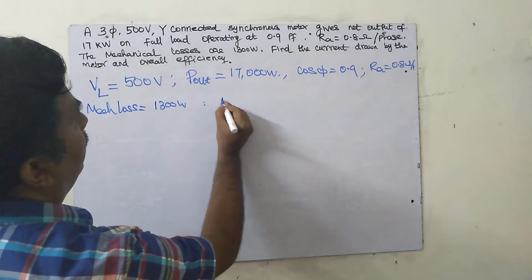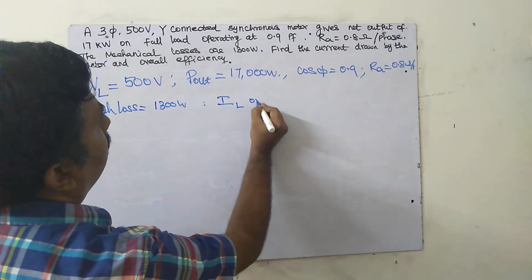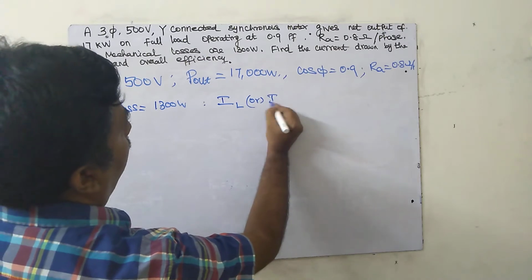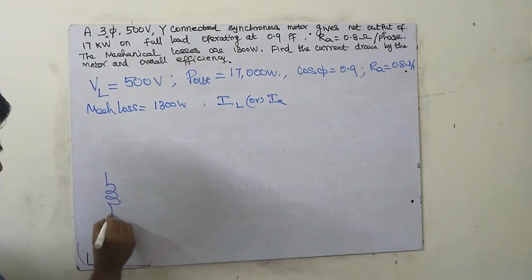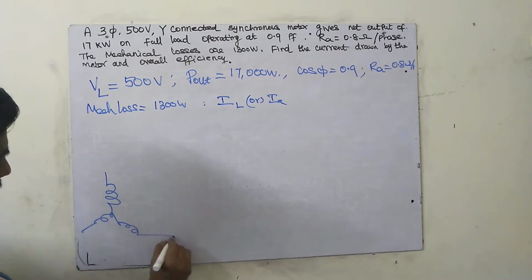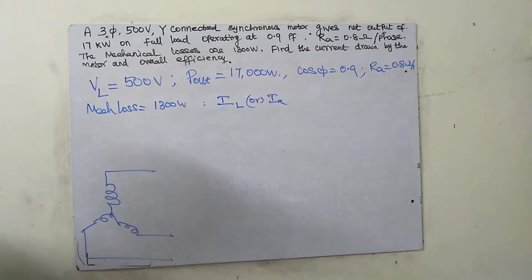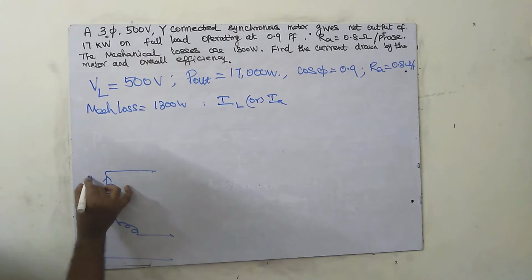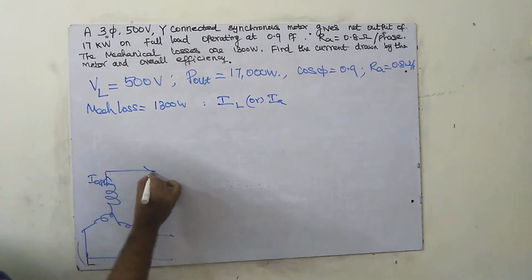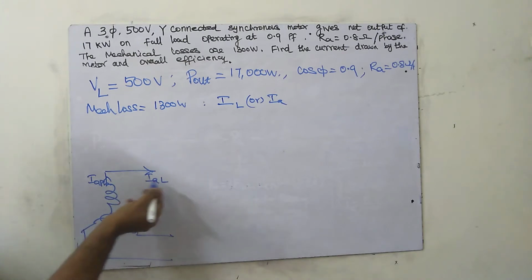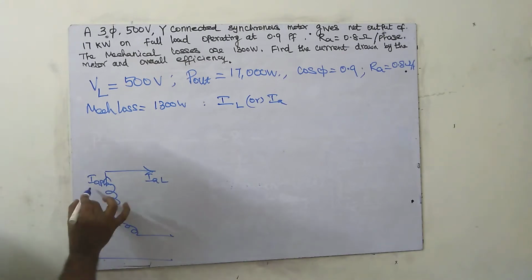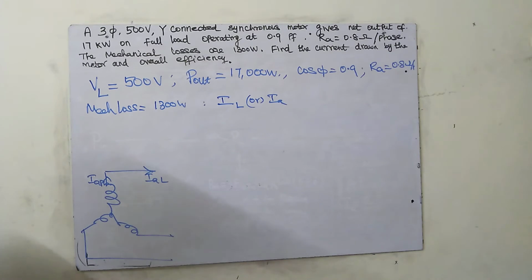They are asking for the line current or armature current, or both are the same, because in a star connected synchronous motor, this current IA phase value is the same as IA line value. Both are the same, because in a star connection the line current equals the phase current. This is the thing we have to find.